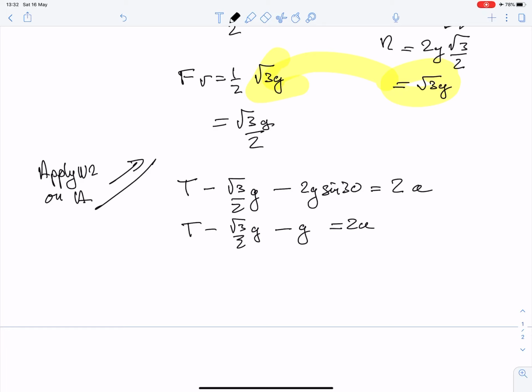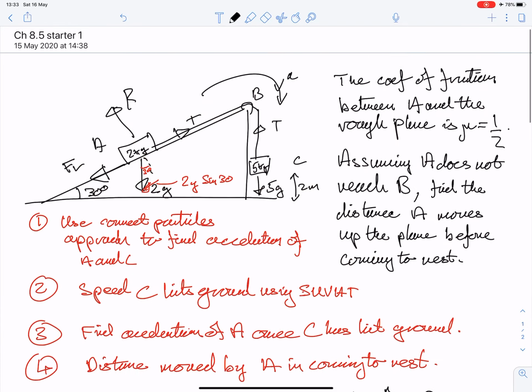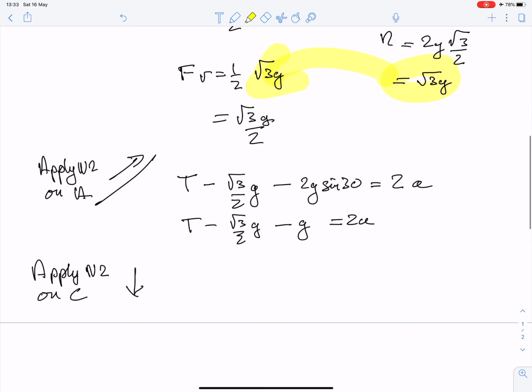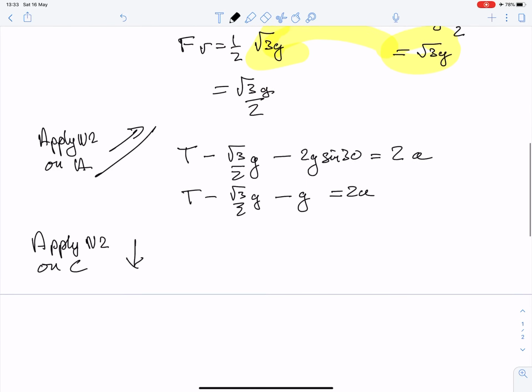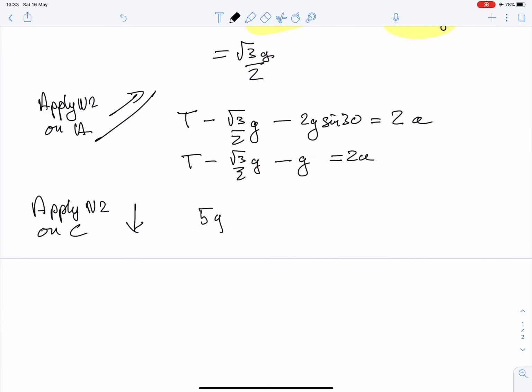So this is going to be 2g sine 30. So we get down here minus 2g sine of 30 is equal to m, which was 2, times a. Tidy that up. So we're going to get T minus root 3 over 2 g. Sine of 30 is a half, so minus 2g over 2 is minus g equals 2a.